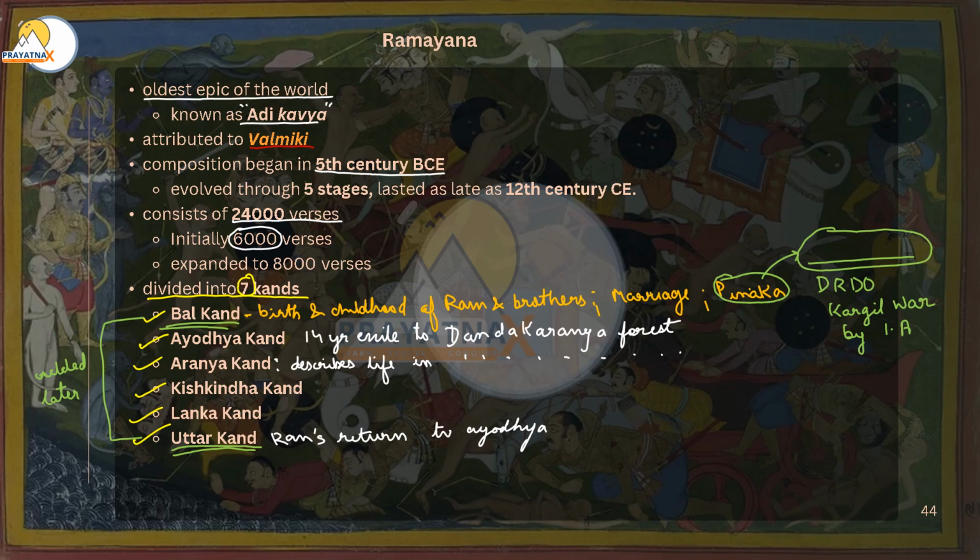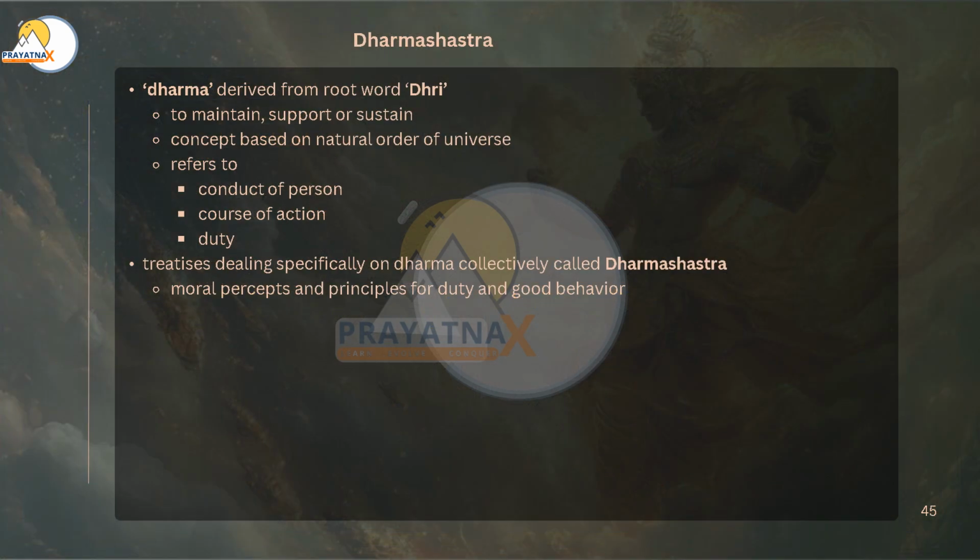Now we'll next see what Dharmashastra means. Now, the word dharma is derived from the root word dhri, which means to maintain, support, or sustain.